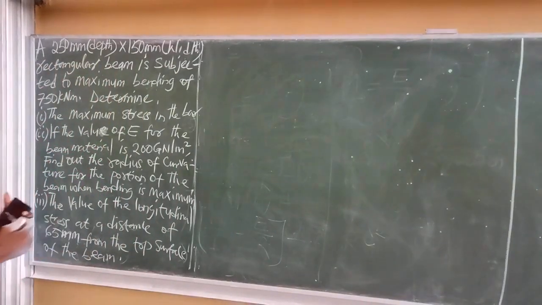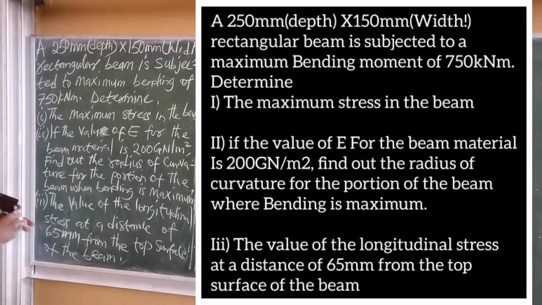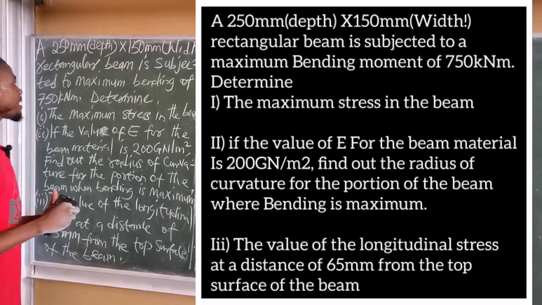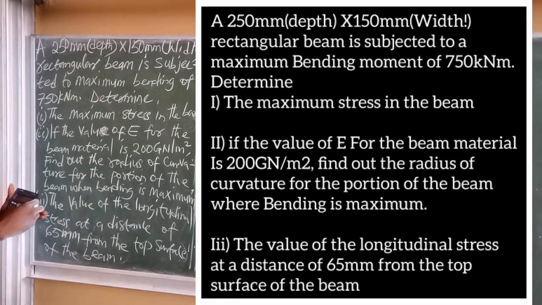It says a 250 millimeter depth by 150 millimeter width rectangular beam is subjected to maximum bending of 750 kilonewton meter.